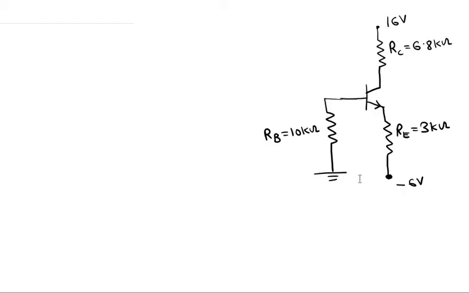We first need to find the DC component of the base current to find the value of r pi.